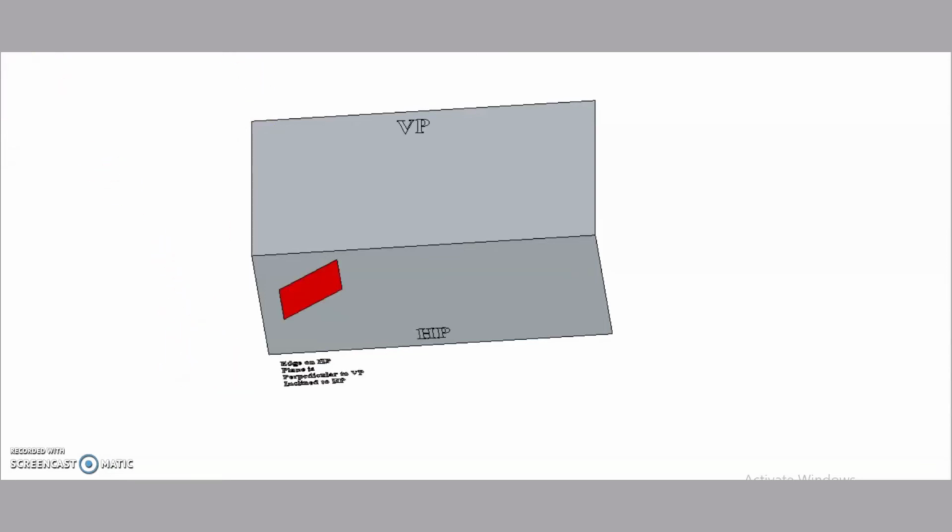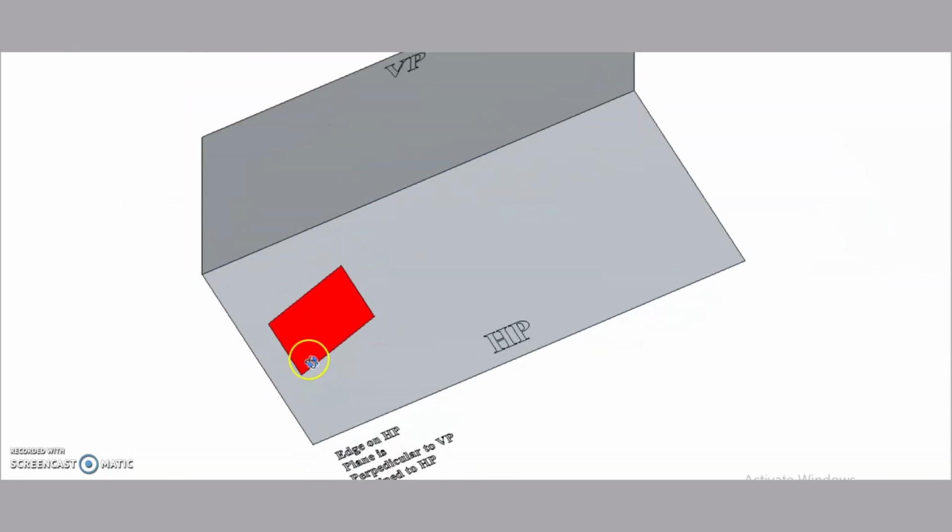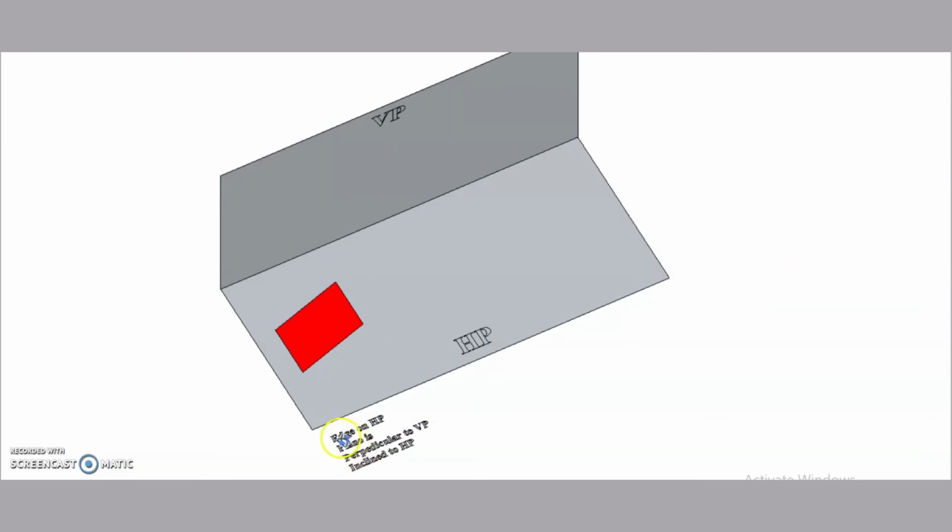Such a rectangular plane is given, of which the edge rests on the horizontal plane, provided that this edge must be perpendicular to XY or to VP.